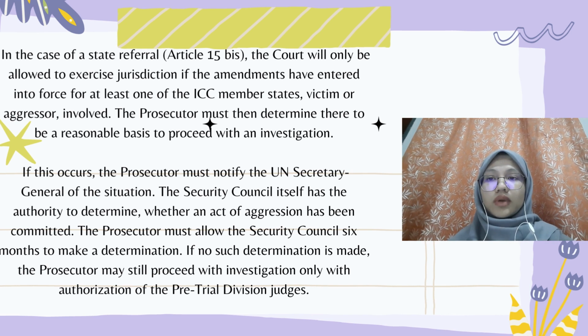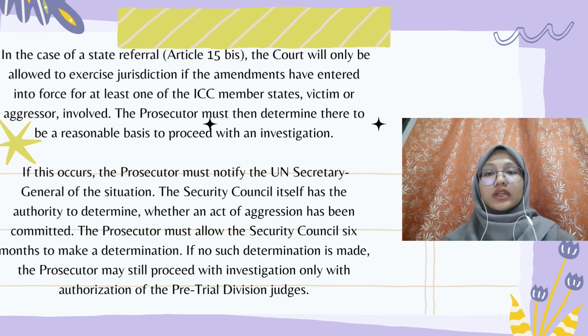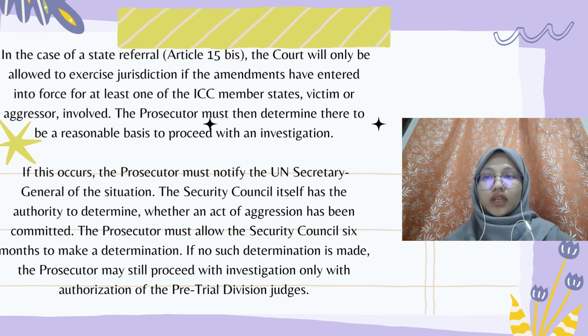The prosecutor must allow the Security Council 6 months to make a determination. If no such determination is made, the prosecutor may still proceed with the investigation only with the authorization of the pre-trial division judges.